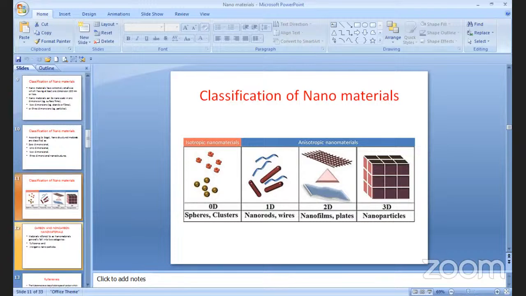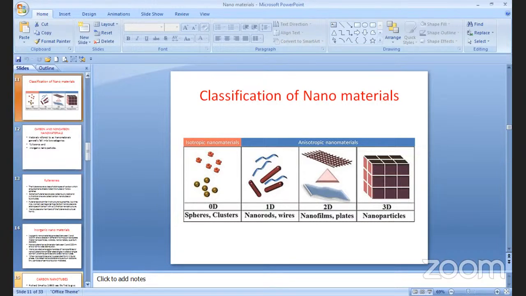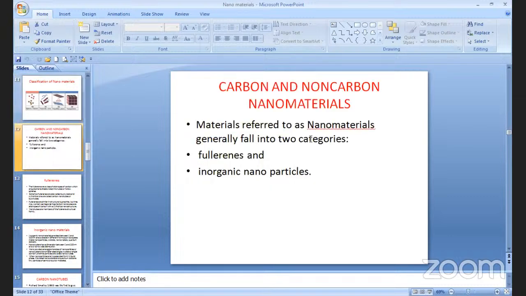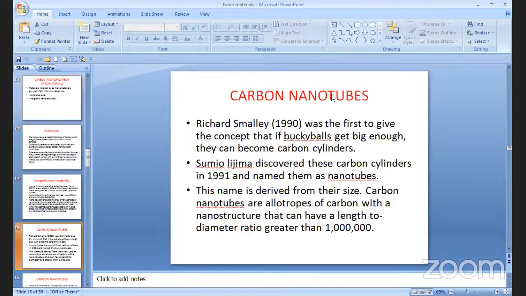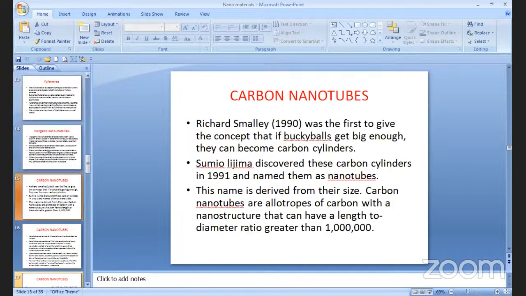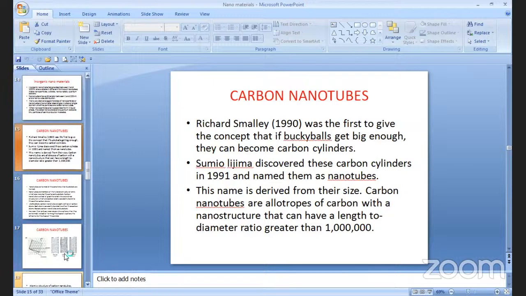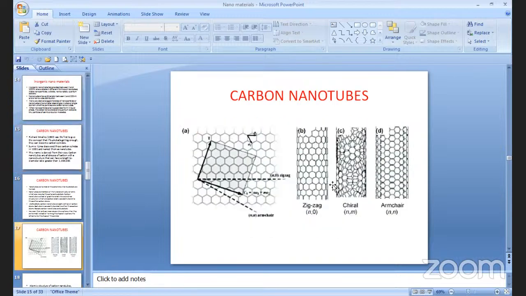Then we saw different types of nanomaterials, which generally fall into two categories: one is fullerenes and the other is inorganic nanoparticles. We saw that in the last class. Then we have carbon nanotubes, whose structures are zigzag, chiral, and armchair.